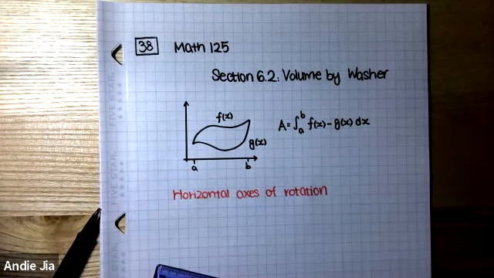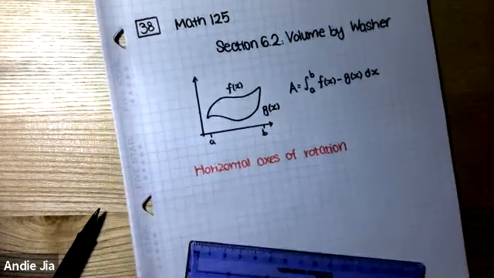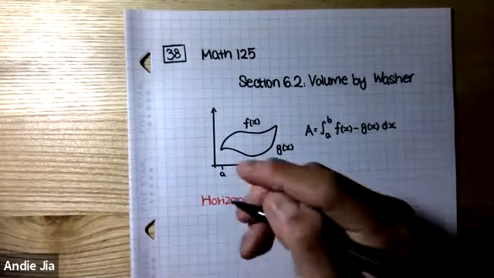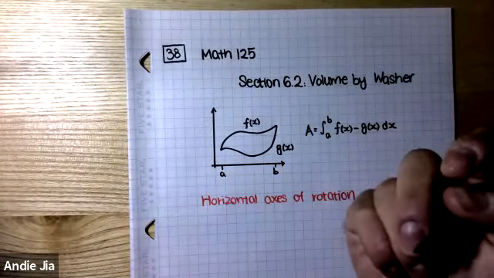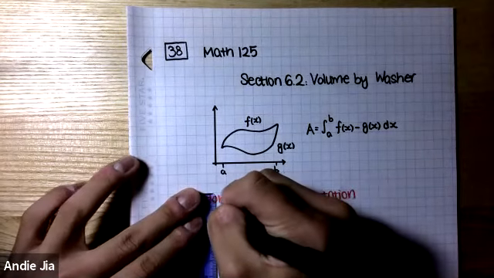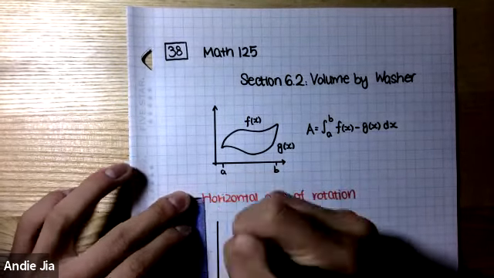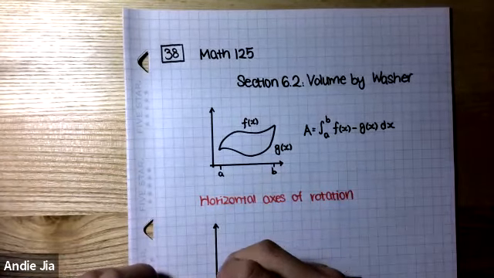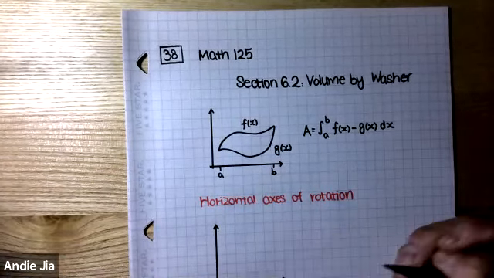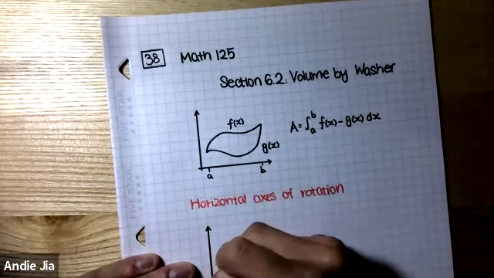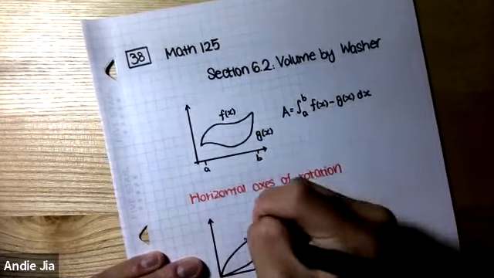That's why we call them washers. So if we take the area found by the two functions, f of x and g of x.